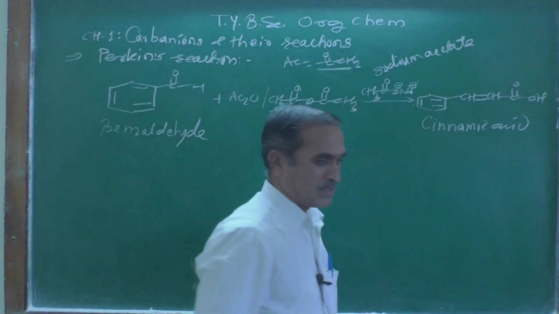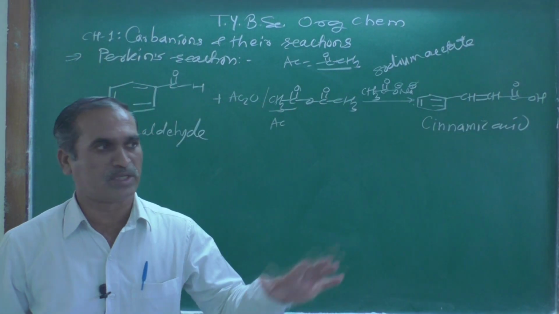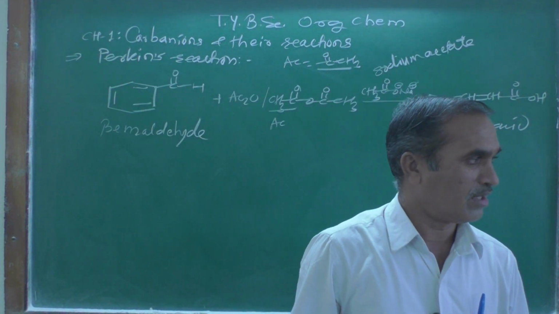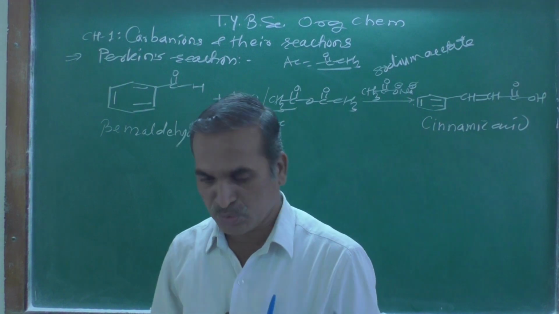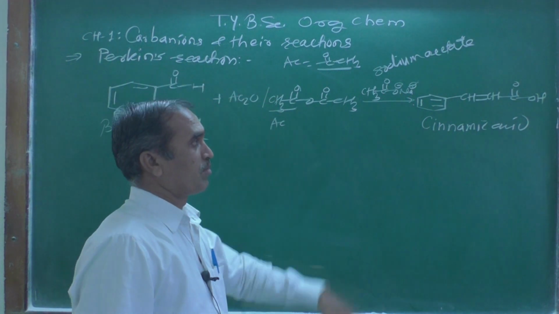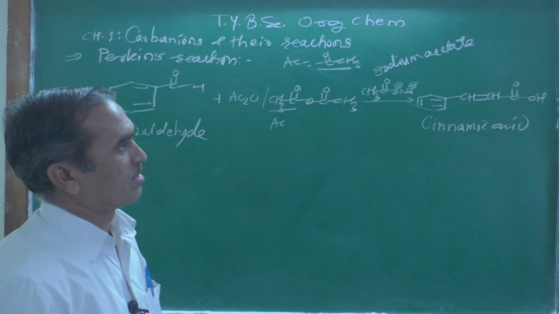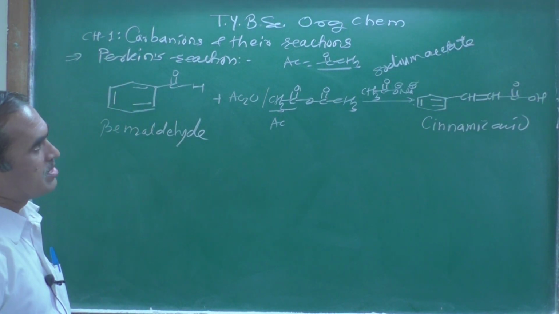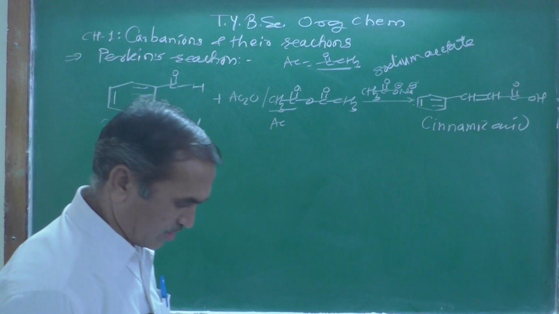Cinnamic acid generally has a sharp melting point, is solid in nature, with a melting point of 133 degrees centigrade, and it forms fine white crystals. So this is called the Perkin reaction.